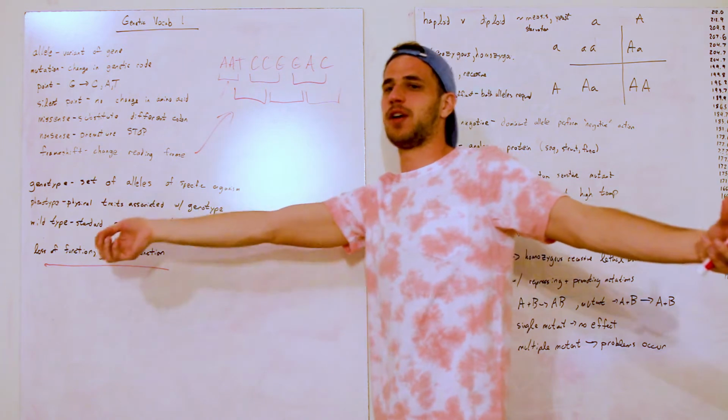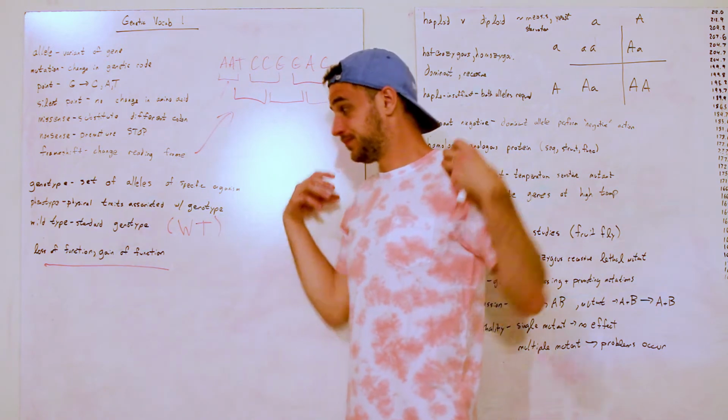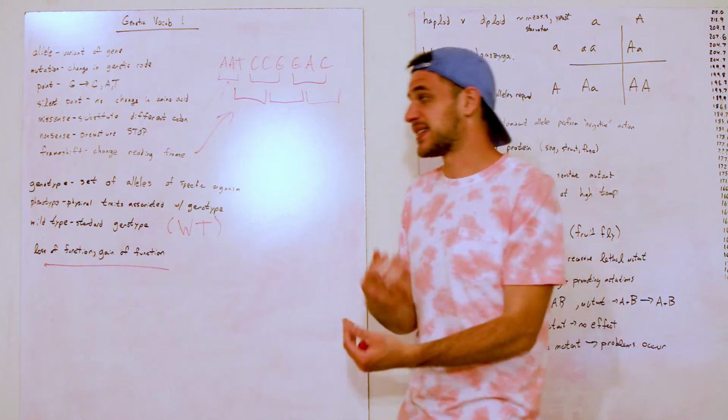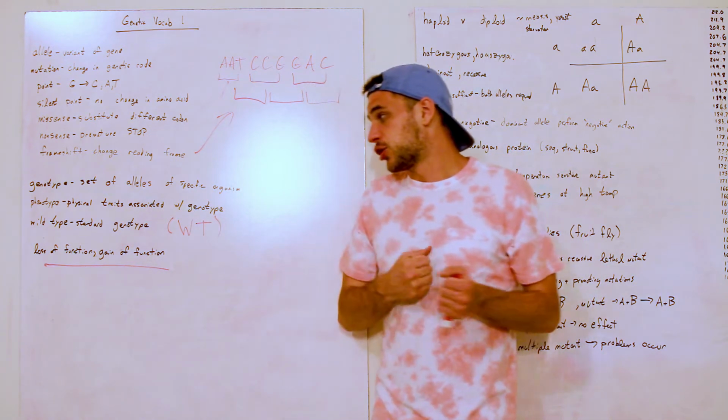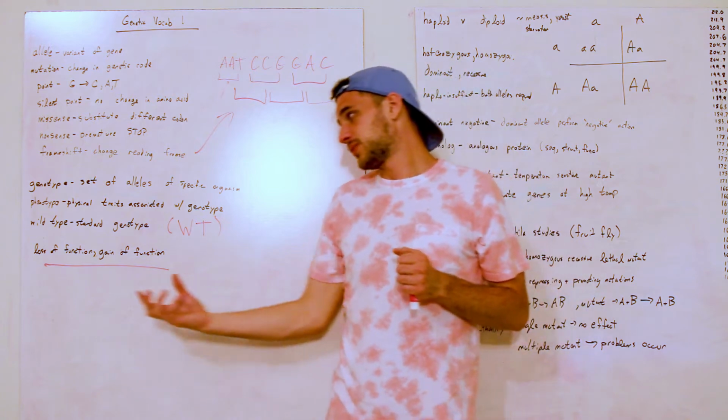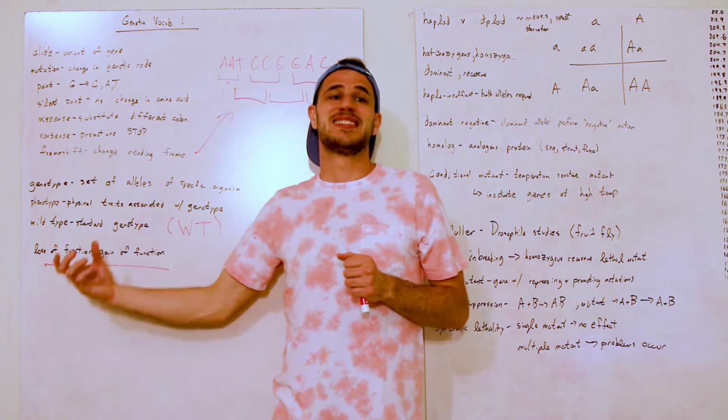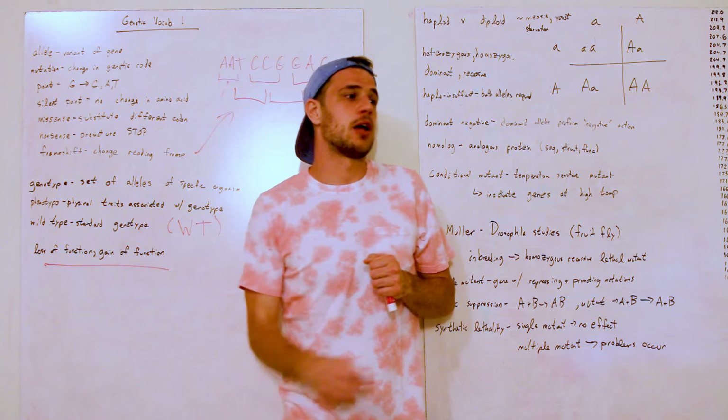So it has a gain of function, even though it doesn't have that function in the standard wild type. These guys can be very important for different diseases in and of themselves.